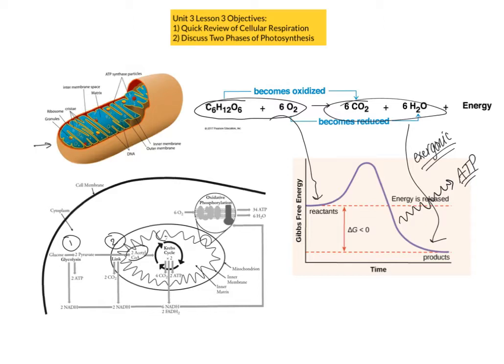The result of the link reaction is acetyl-CoA, which enters the Krebs cycle, which occurs in the inner matrix of the mitochondria. This is our 3rd phase.